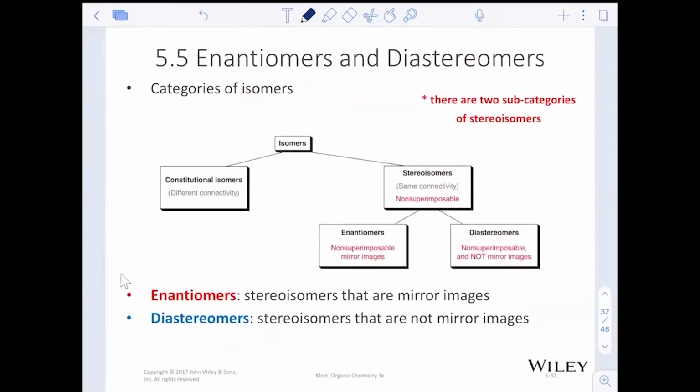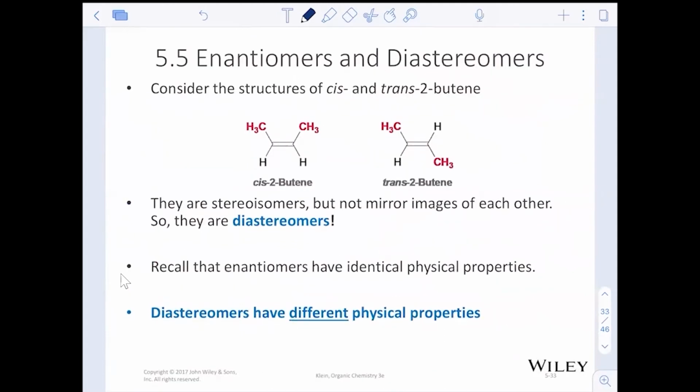All right, looking back again at the idea of enantiomers and diastereomers, enantiomers are those non-superimposable mirror images. Diastereomers are the stereoisomers that are not superimposable and not mirror images. The first idea of this was the cis and trans stereoisomers, looking at the double bonds.